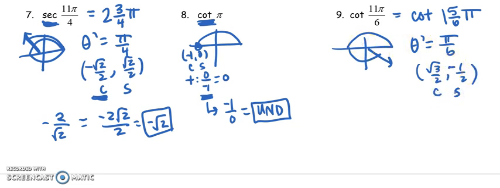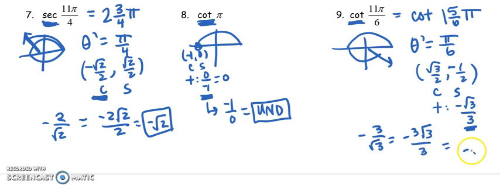But we're doing cotangent, so don't forget that your tangent here is negative root 3 over 3. Remember, if you get stuck, just do sine divided by cosine, all right? We want cotangent, so we want to flip this. So that's negative 3 over root 3, so negative 3 root 3 over 3, so negative root 3.